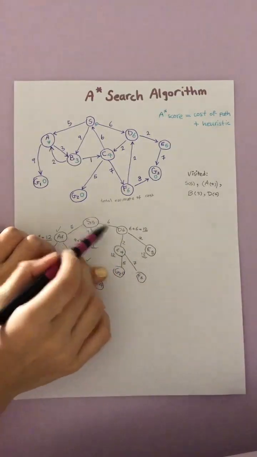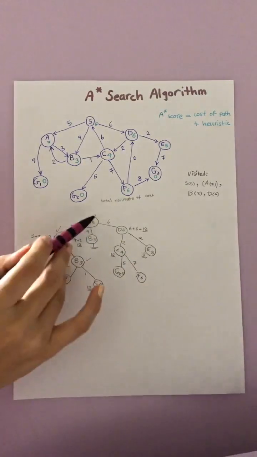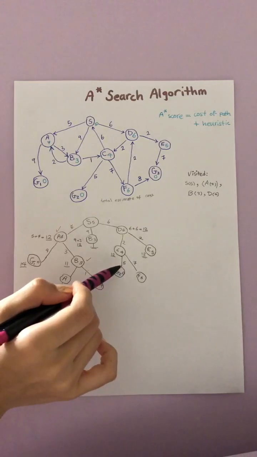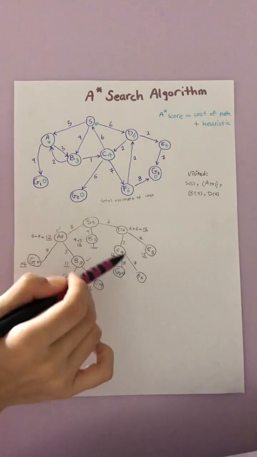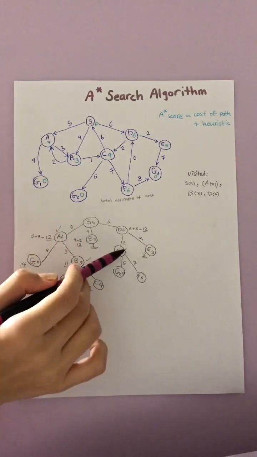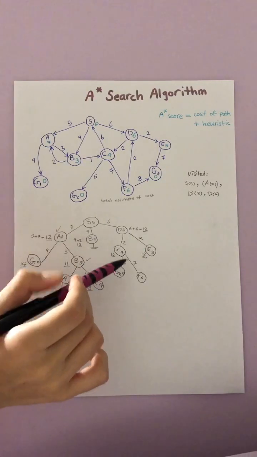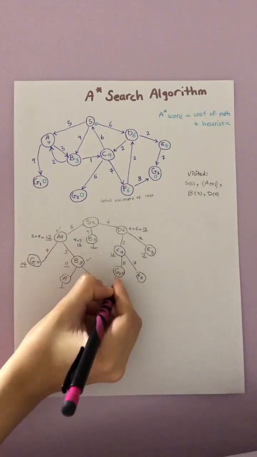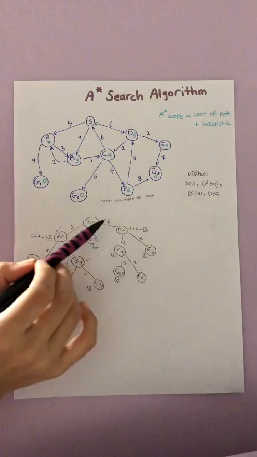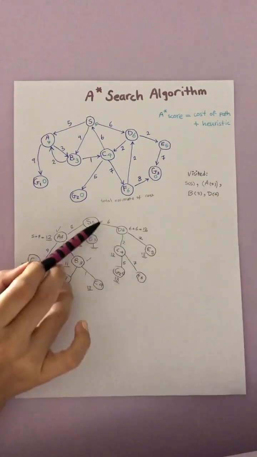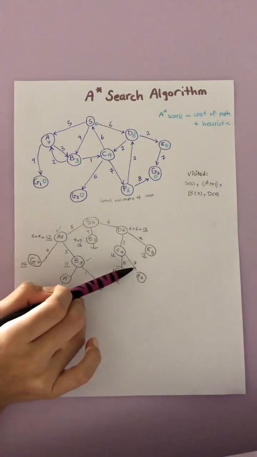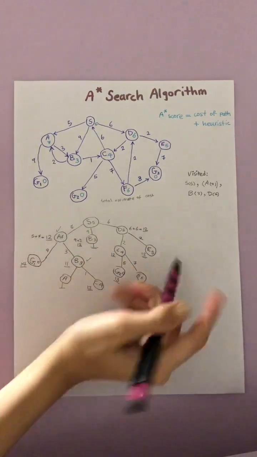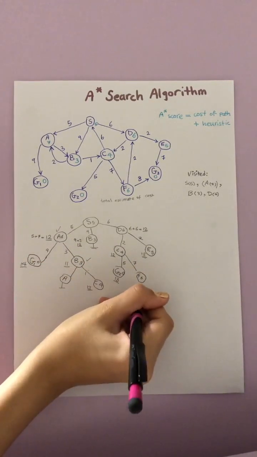So we'll explore the details. 6 plus 2 plus 5 plus 0, that'll be 8 plus 5, it'll be 13. And then for this node, it'll be 6 plus 2 plus 7, 13, 15 over here.